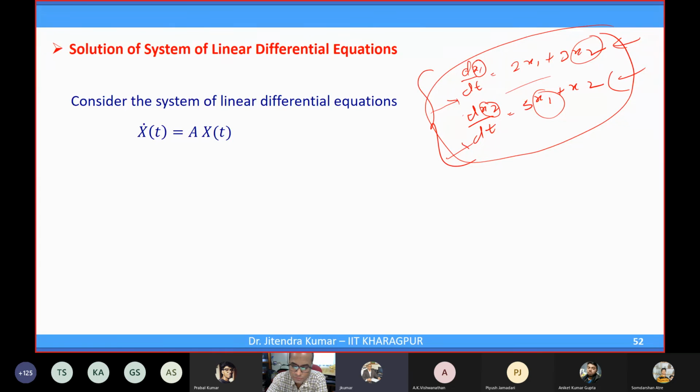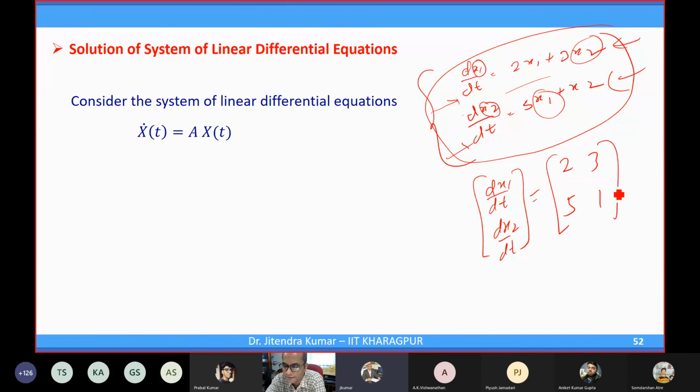So we can write this system in vector matrix form. The vector will have the derivative terms dx1/dt, dx2/dt, and the right hand side has the matrix with entries 2, 3, 5 and 1, and then the vector x1, x2. So we have written it in this form.